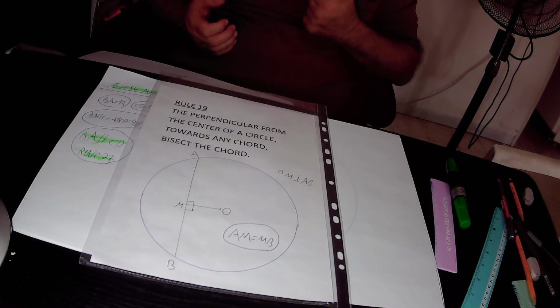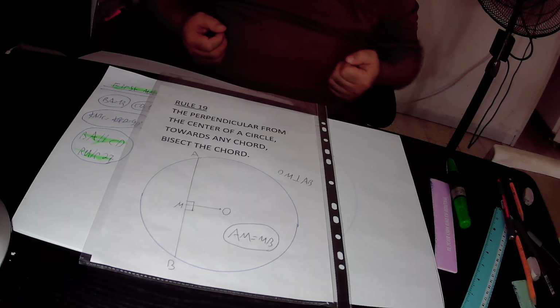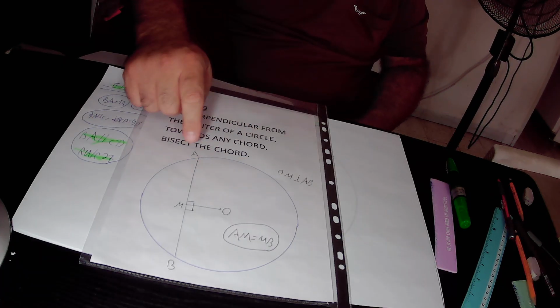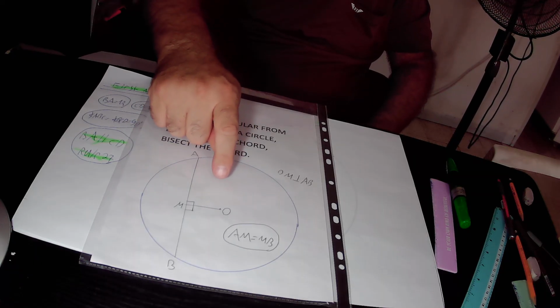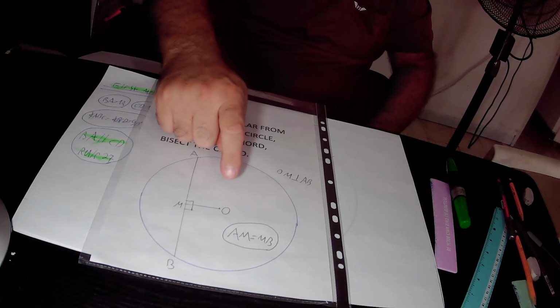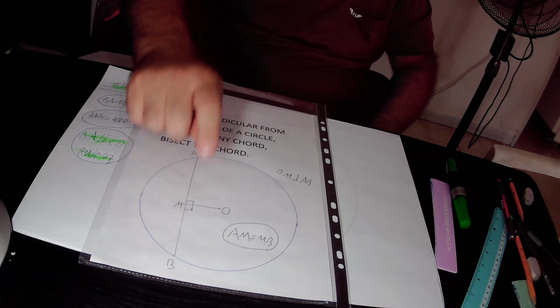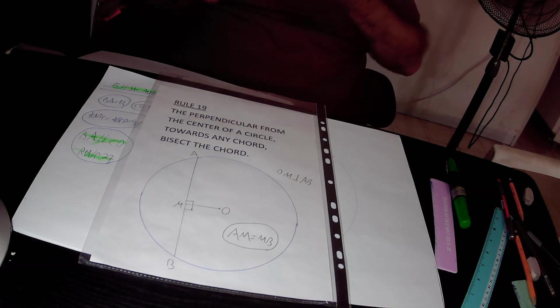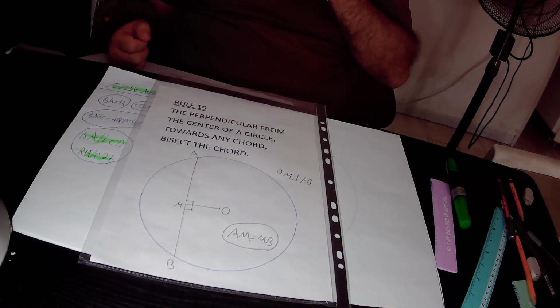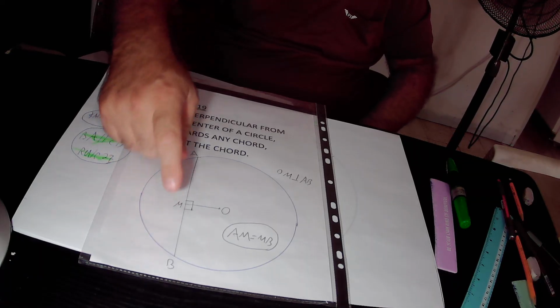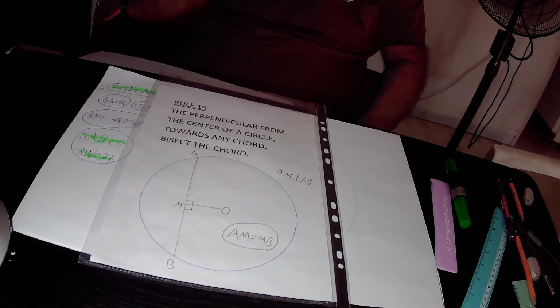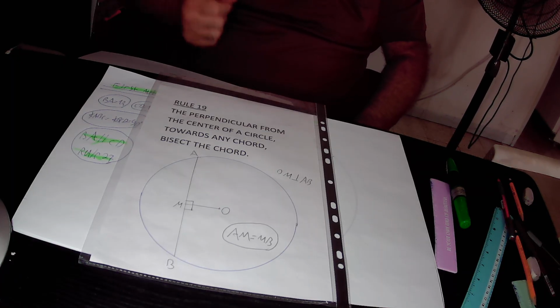According to rule 19, the perpendicular OM to chord AB bisects chord AB. That is to say, it divides chord AB into 2 halves. The first half is AM, the second half is MB, and of course AM equals MB. So according to rule 19, the perpendicular from the center of the circle towards any chord bisects the chord.